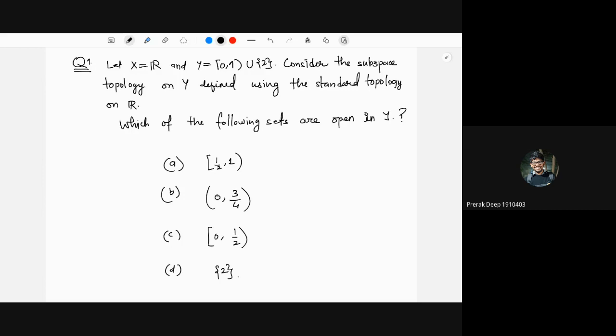No, that is not true, because a function need not be surjective in this case. So there can be images left inside B which need not be covered. So B can't be a proper subset of this, but this can be a proper subset of B. That is always true.